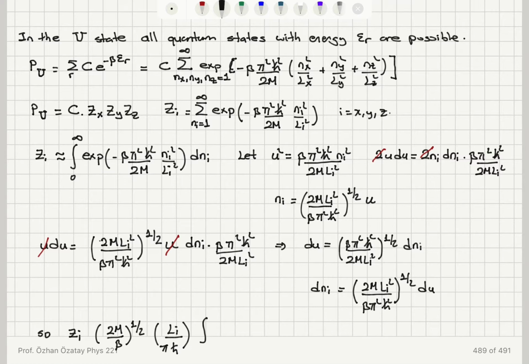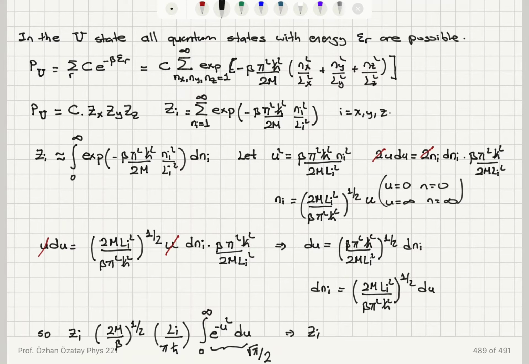If n goes from 0 to infinity, u also goes from 0 to infinity, right? u equals 0 when n equals 0, and u is infinite when n is infinite. So I see this relationship. So this is the integral of exponential minus u squared du, and this integral we have seen before. It's the integral of a Gaussian, and it is equal to square root pi over 2.